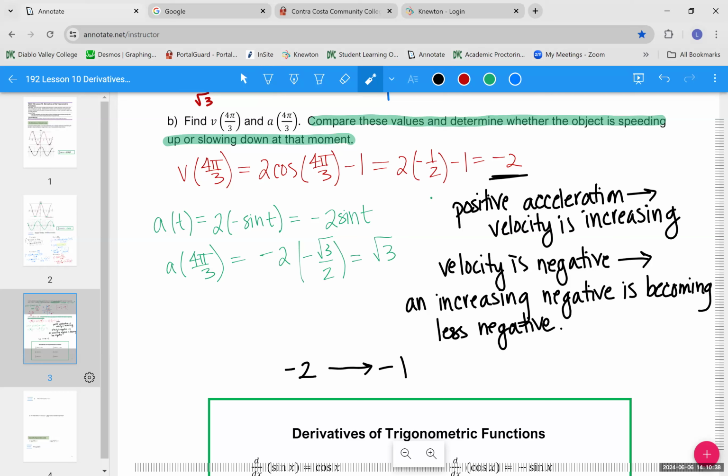It's slower because speed is the absolute value of velocity. So it was going 2 in the negative direction, 2 feet per second or whatever it might be, and now it's going only 1 foot per second in the negative direction. So this object is actually slowing down. And that is because when the acceleration is positive, but the velocity is negative, it's getting less negative. So its absolute value is getting smaller.